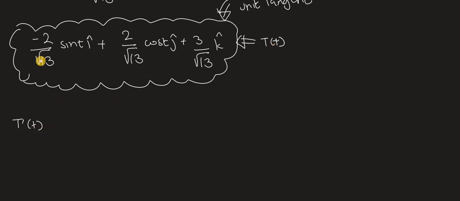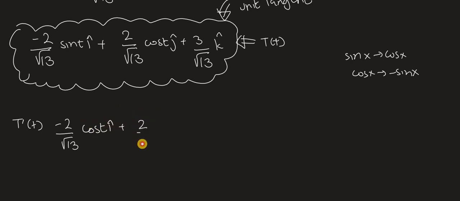Now taking the derivative of it, this is the constant, it stays in there. And the derivative of sine t, like I said before, derivative of sine x is cosine x, derivative of cosine x is negative sine x. So the derivative of sine t is cosine t i hat plus 2 over square root of 13. Derivative of cosine t is negative sine t, so we have to put a negative in here.